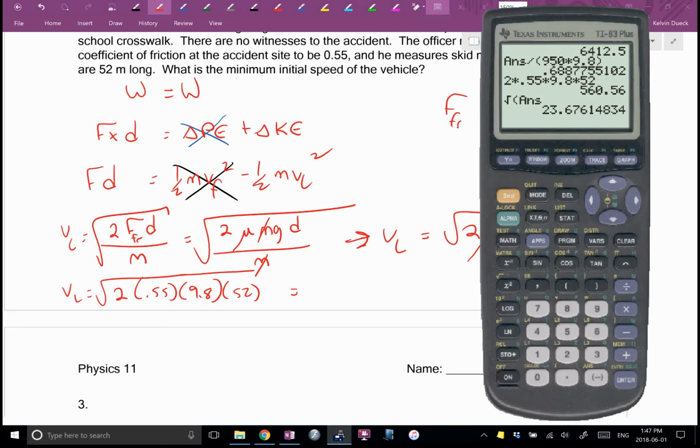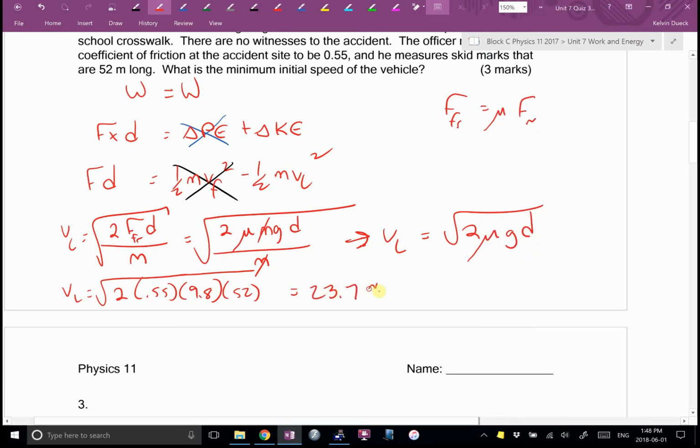You get the square root, 23.7, is that right? 23.7 meters per second. If you got that, 3 out of 3.